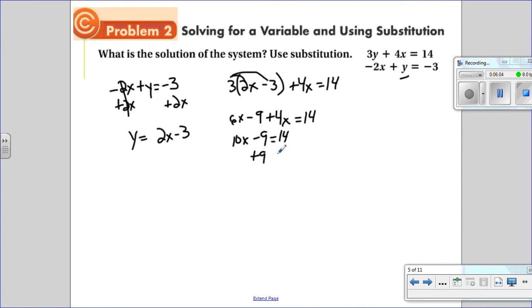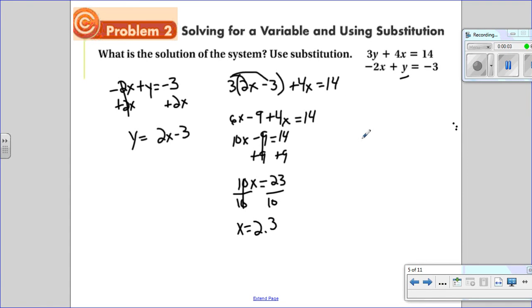Add 9. I get 10x equals, what do we got there, 23. And if I divide by 10, I get x equals 2.3.